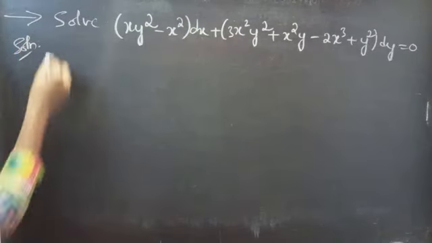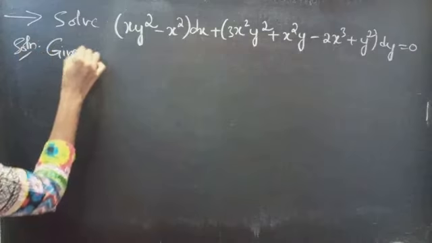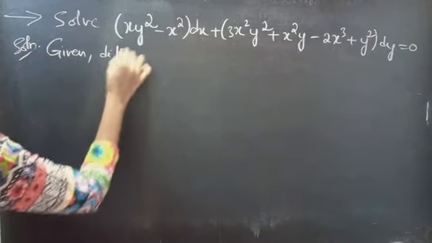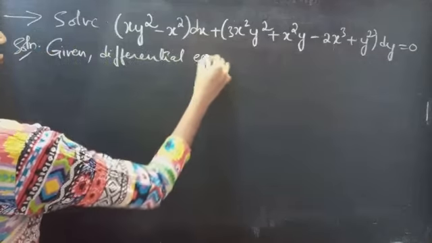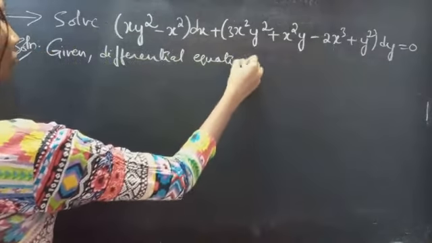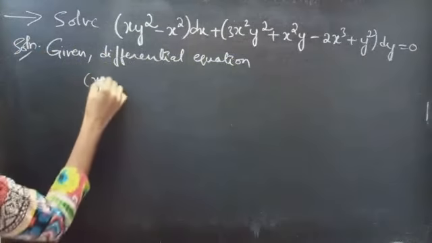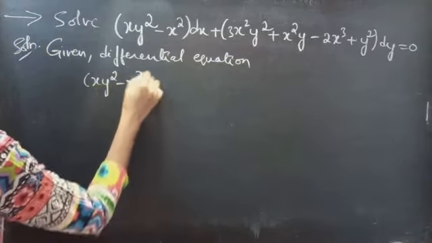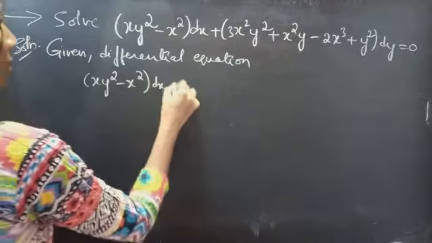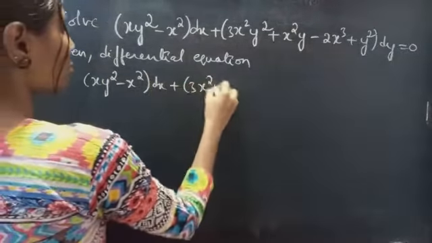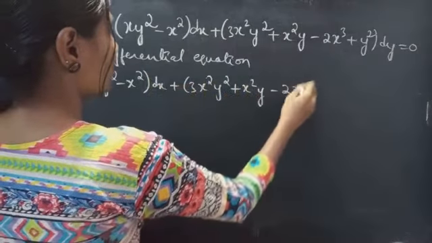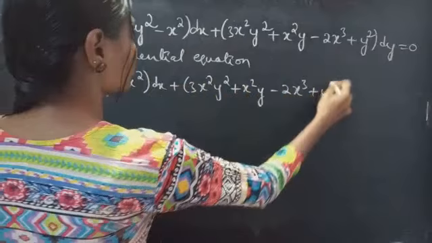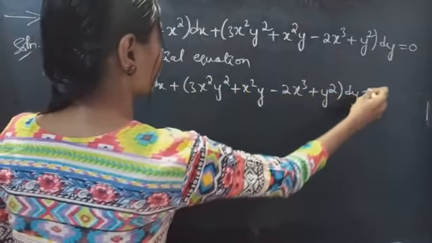Given differential equation, (xy² − x²) dx + (3x²y² + x²y − 2x³ + y²) dy = 0.